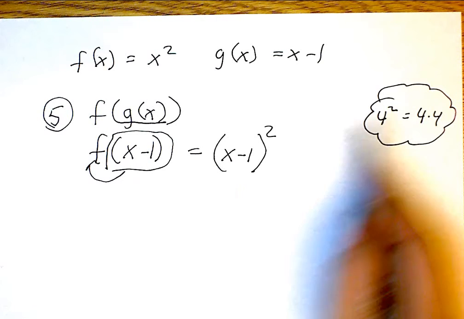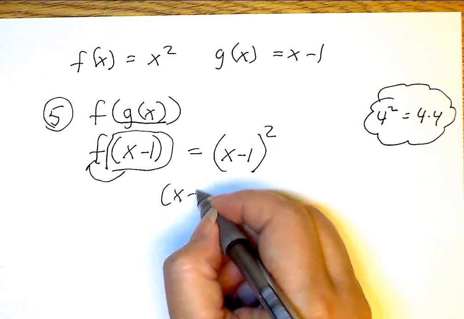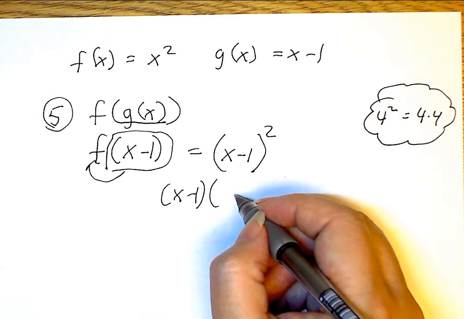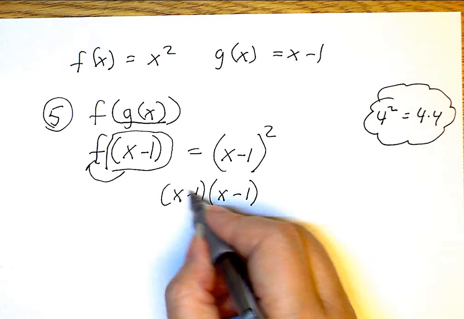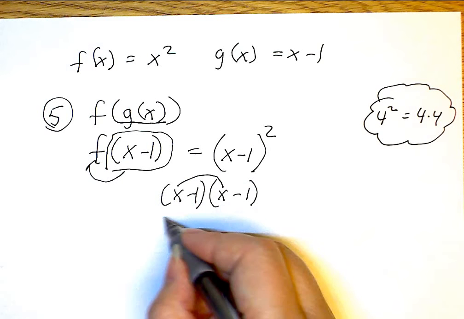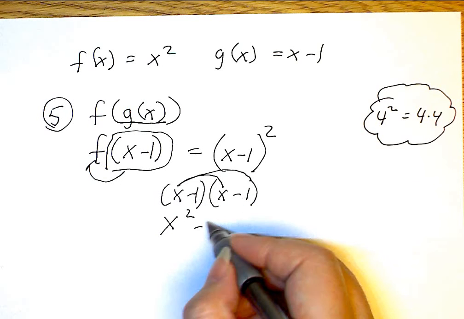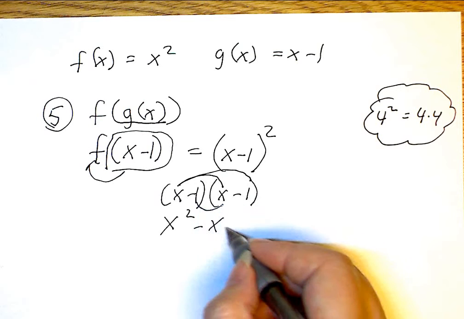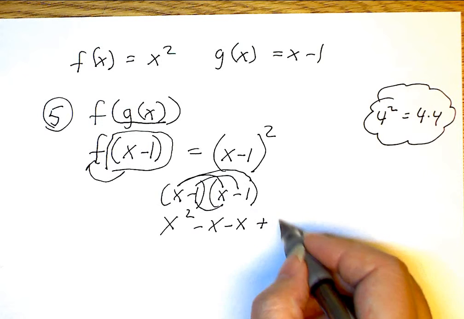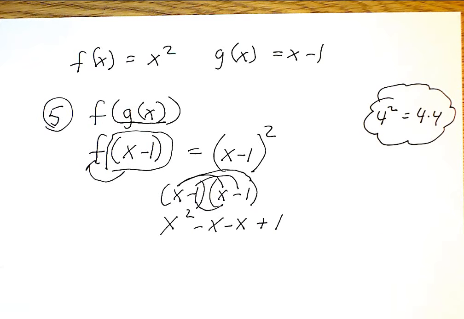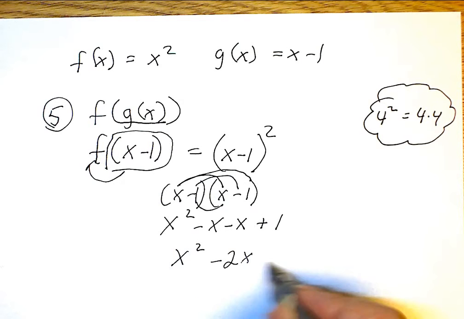So because we have x minus 1 squared, that means x minus 1 times x minus 1. Then we have to FOIL. First is x times x is x squared. Outer is x times negative 1, which gives me a negative x. Inner is negative x. And last, negative and negative is a positive, 1 times 1 is 1. Combining like terms, we have x squared minus 2x plus 1.